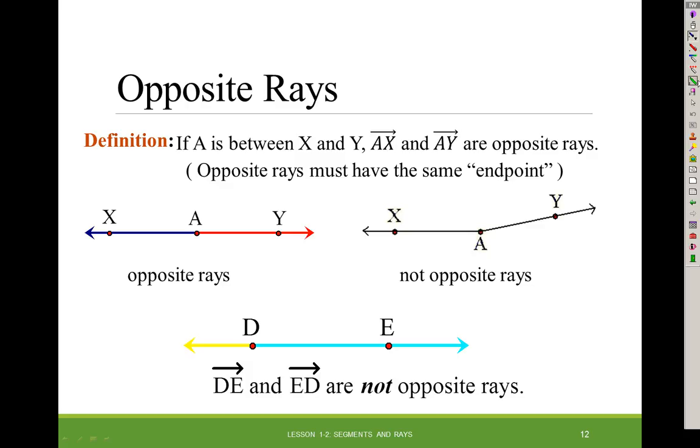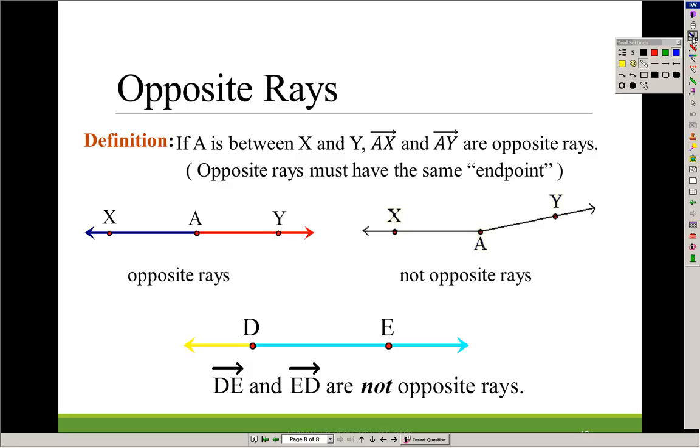And they end up overlapping in the middle. This overlap in the middle where they're both occurring, they're not opposite rays because of that. It has to start at one point in the middle and then go in opposite directions from that one point.